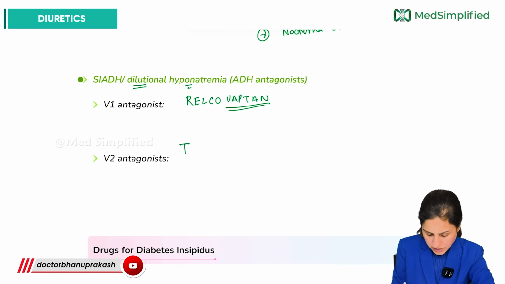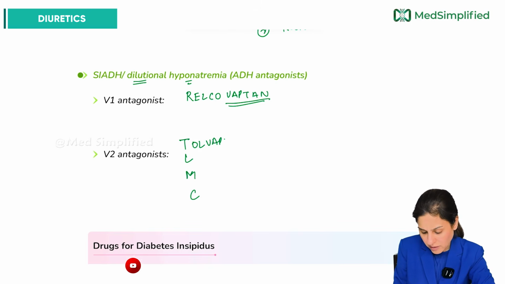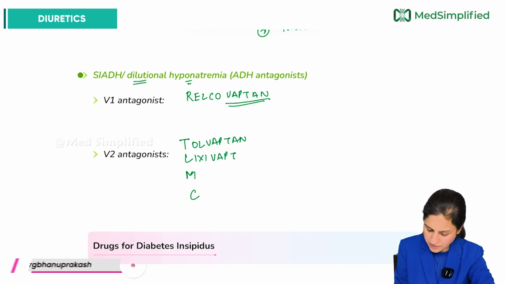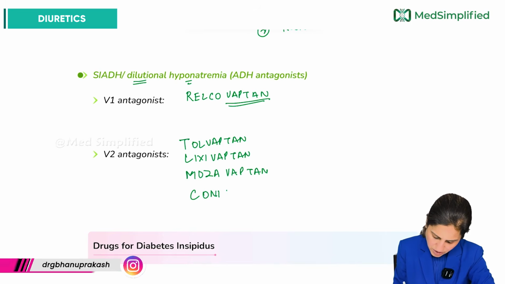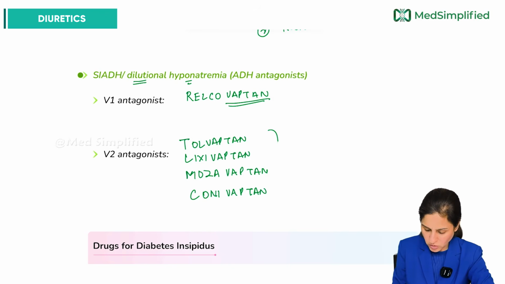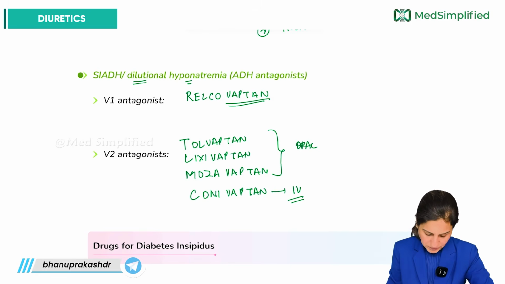Then we have tolvaptan, lixivaptan, mozavaptan, and conivaptan. The first three are oral, and conivaptan is given by the IV route.